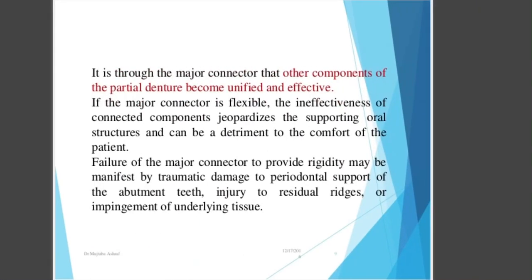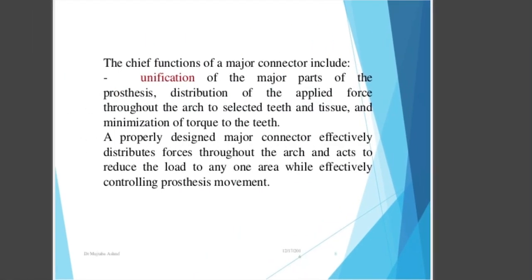Going ahead, we'll try to summarize the requirements of a major connector. The chief function of a major connector, as I have said earlier, is unification. That is, unification of the major parts of the prosthesis and distribution of the applied force. Whatever force is applied to a single component should be dispersed throughout the soft tissue.